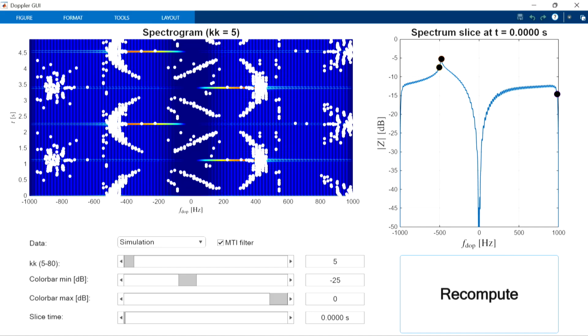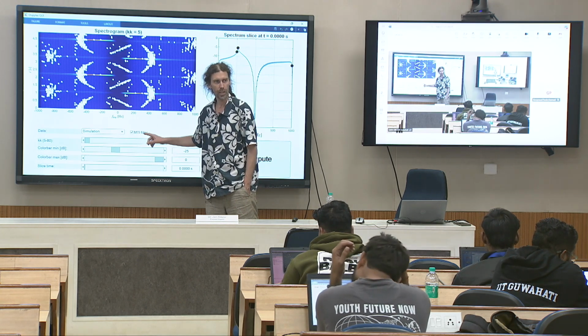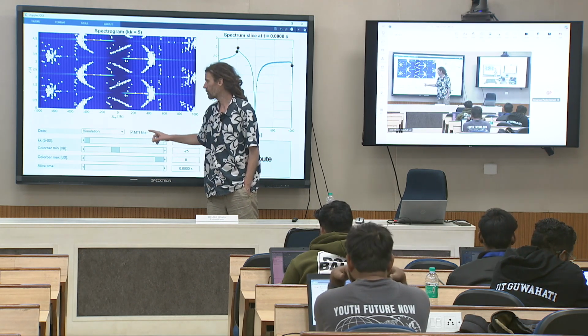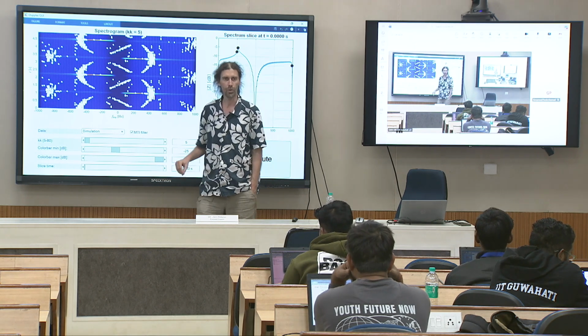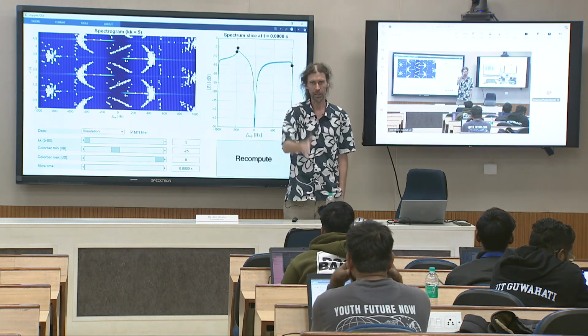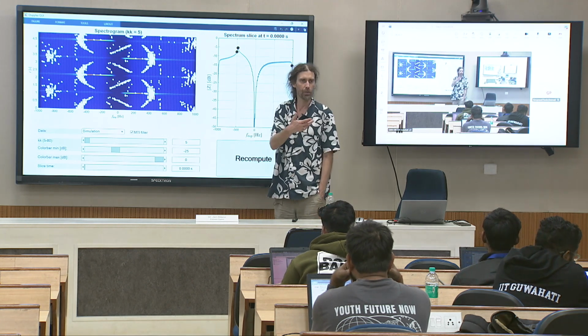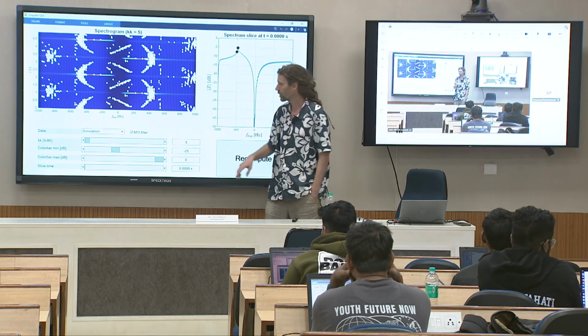One thing is that you can enable or disable MTI filtration. If you disable it, you will see that most of the results will be detected as DSC components around this zero frequency. But the meaning of the application is the same as the previous script.